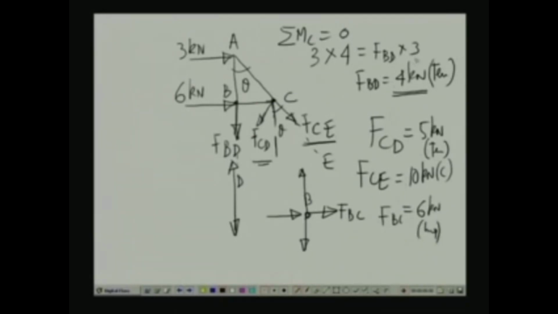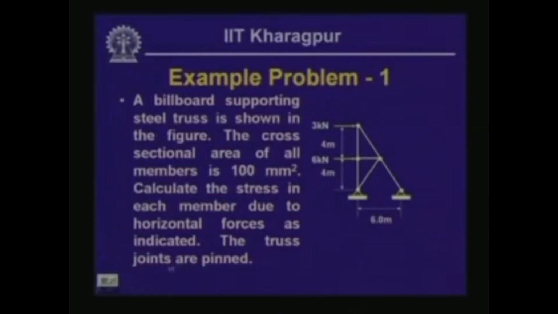So, once we get the forces in each of these members, the force divided by the cross sectional area will give me the stresses in each member, and that is how we compute the stresses in the members.